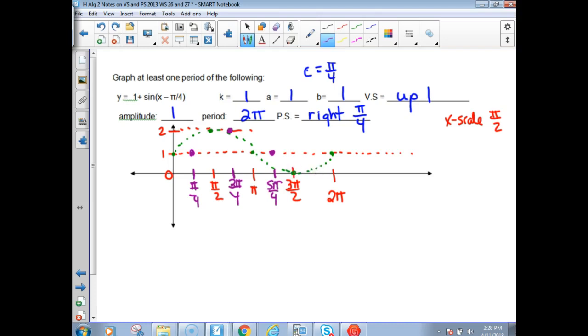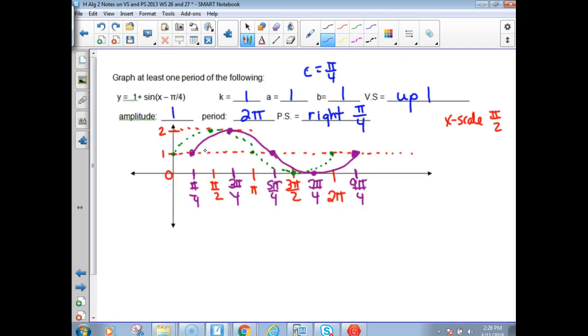This one's going to slide to right between these two. And that's going to be 6 pi over 4, 7 pi over 4. And the last one is going to slide over pi over 4 and land at 9 pi over 4. So here's our actual graph. The points are, did I label my points on the last one?